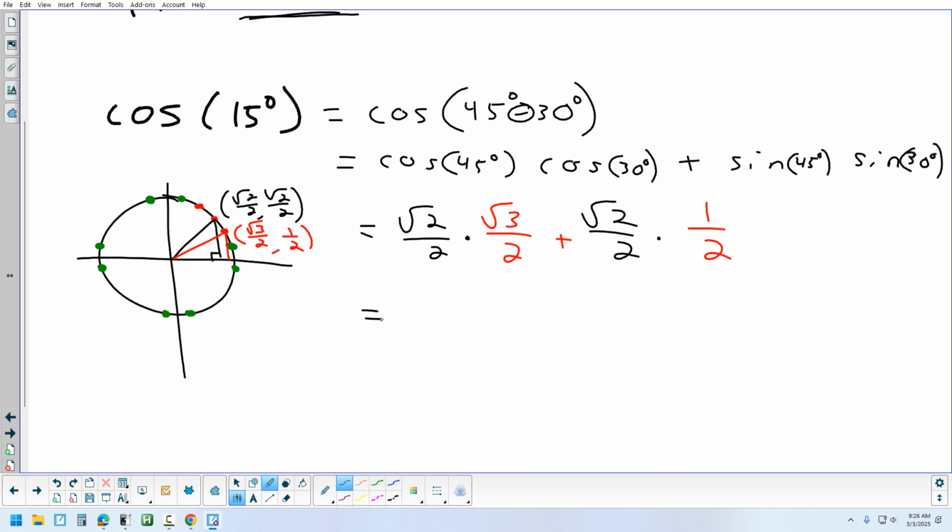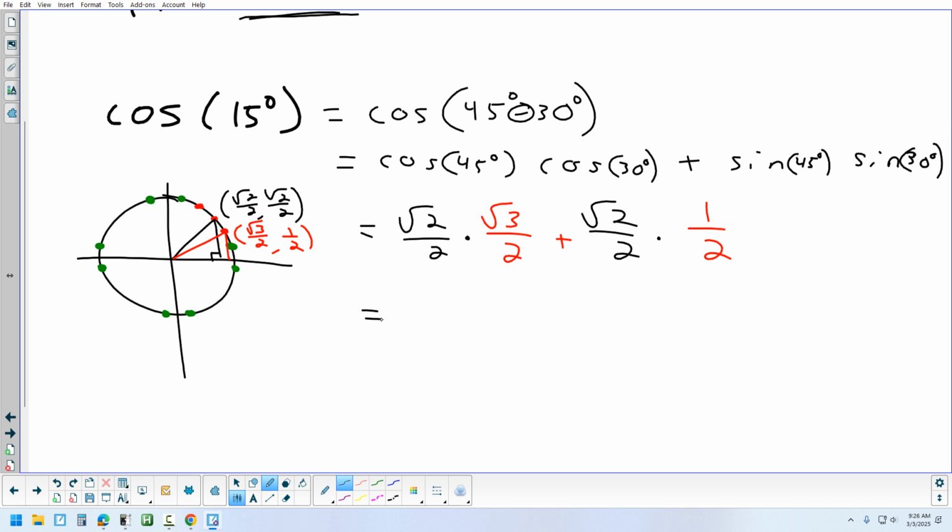Let's multiply the first two fractions together. What's root 2 times root 3? If you put it together. Is that 2 root 3? 2 root 3 would be if you had root 3 plus root 3.